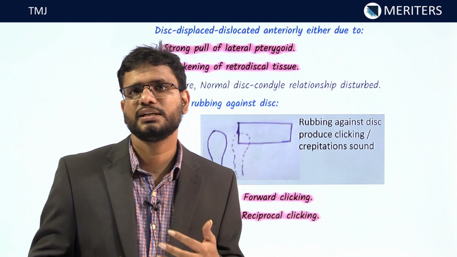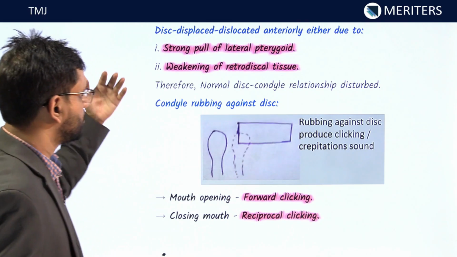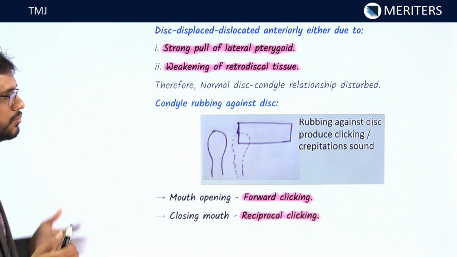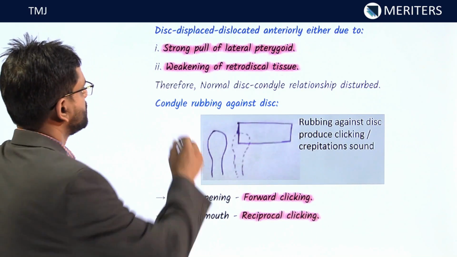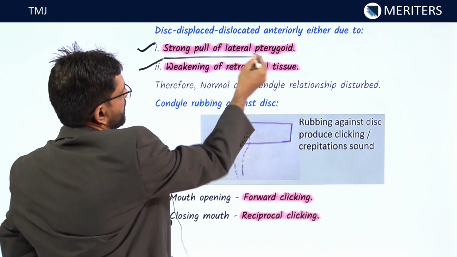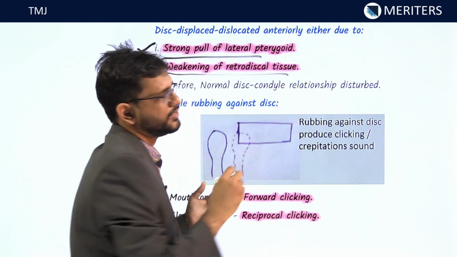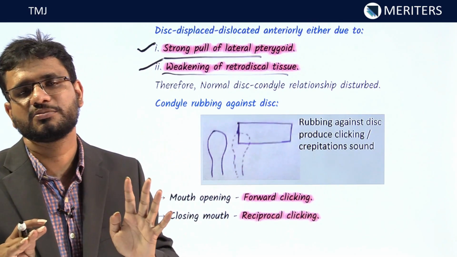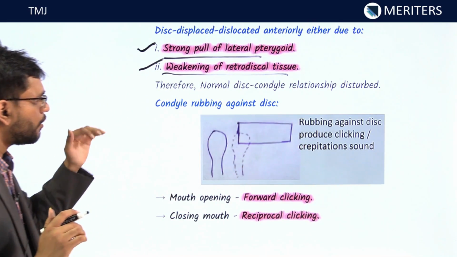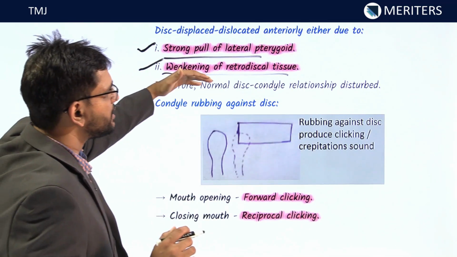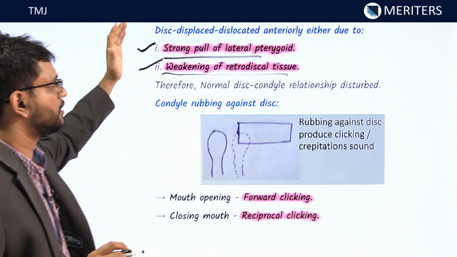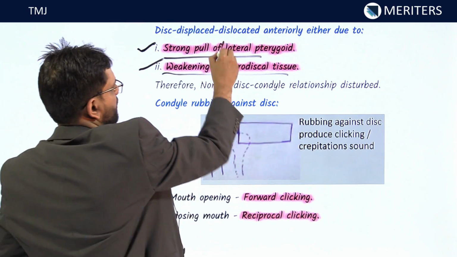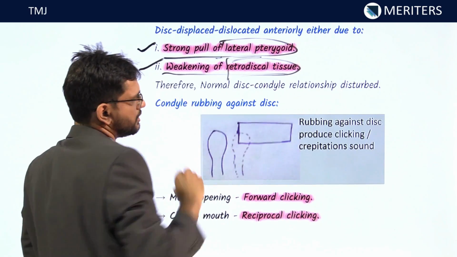So a strong pull of the lateral pterygoid and weakening of the retrodiscal tissue will cause the anterior displacement of the disc. Therefore, the normal disc-condyle relation is disturbed whenever there is a problem with these two structures: the lateral pterygoid and the retrodiscal tissue.